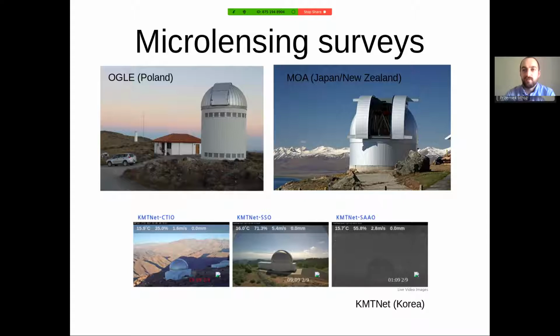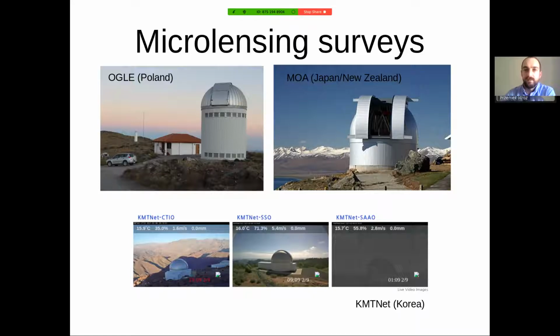So this is why modern microlensing surveys, modern experiments that are searching for these events in the Milky Way, are observing hundreds of millions of stars toward the galactic center, where the density of stars is largest, and so the chances of microlensing are highest.